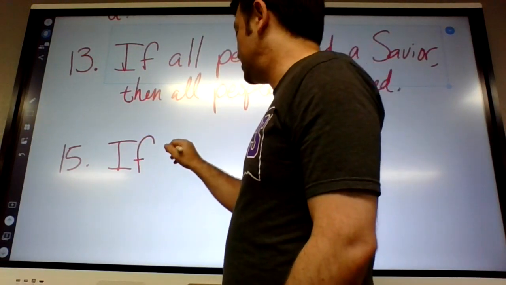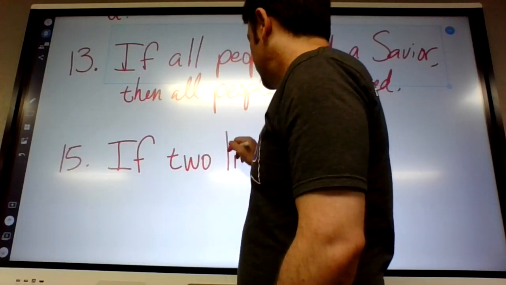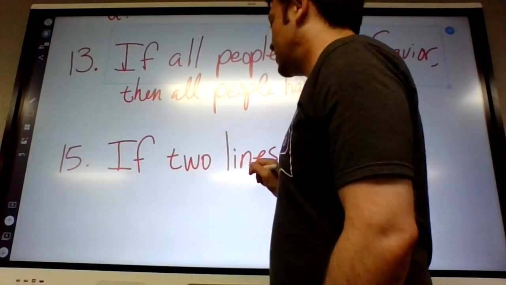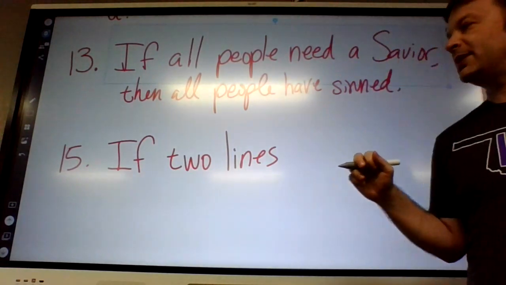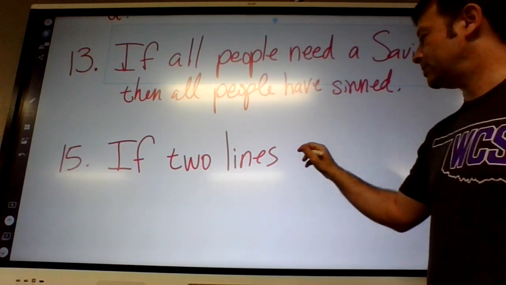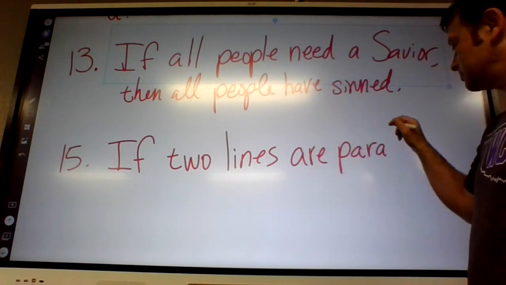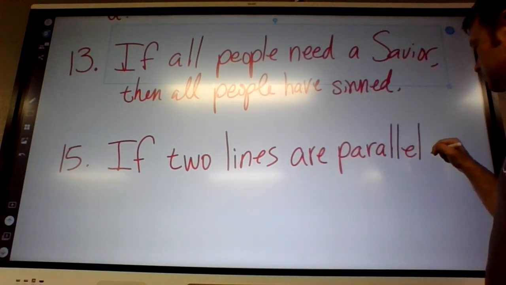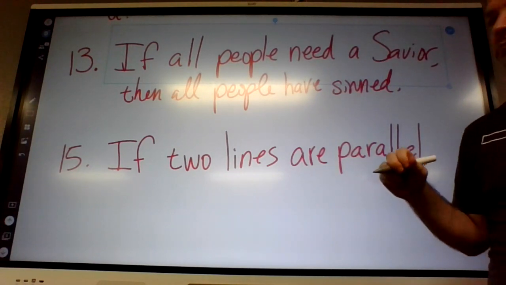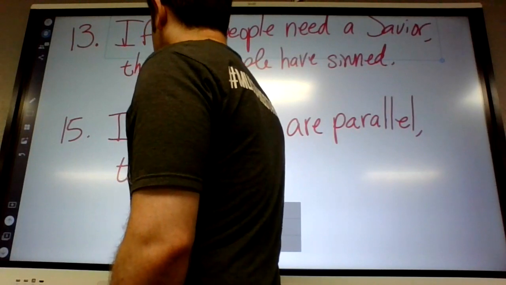Let's just keep the subject the same. If two lines, instead of saying they, because what does they refer to? If two lines are parallel, then they aren't intersecting. Pretty good, Roman.